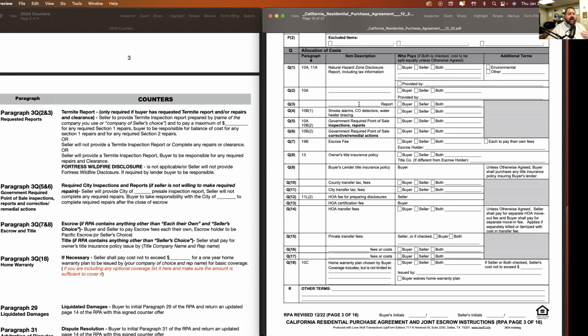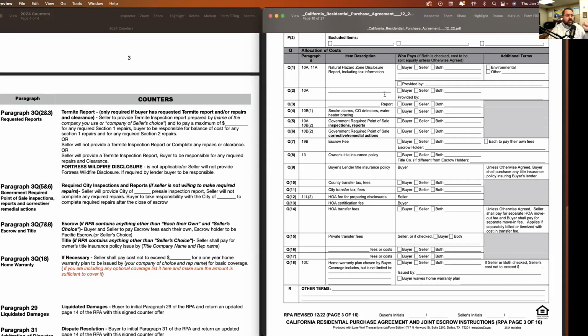It got added in a couple months ago, and at first you could only pick fortress wildfire, but now the drop down has a not applicable in there. The fortress wildfire disclosure is not required. It's optional, and it goes hand in hand with your NHD report if the property is in a high or very high fire zone, right, where we have to then include that fire hardening disclosure.